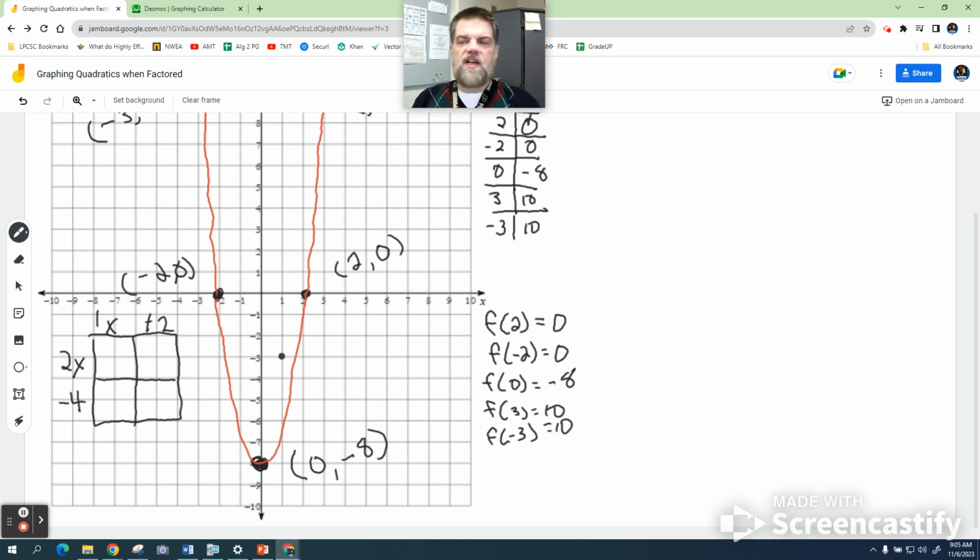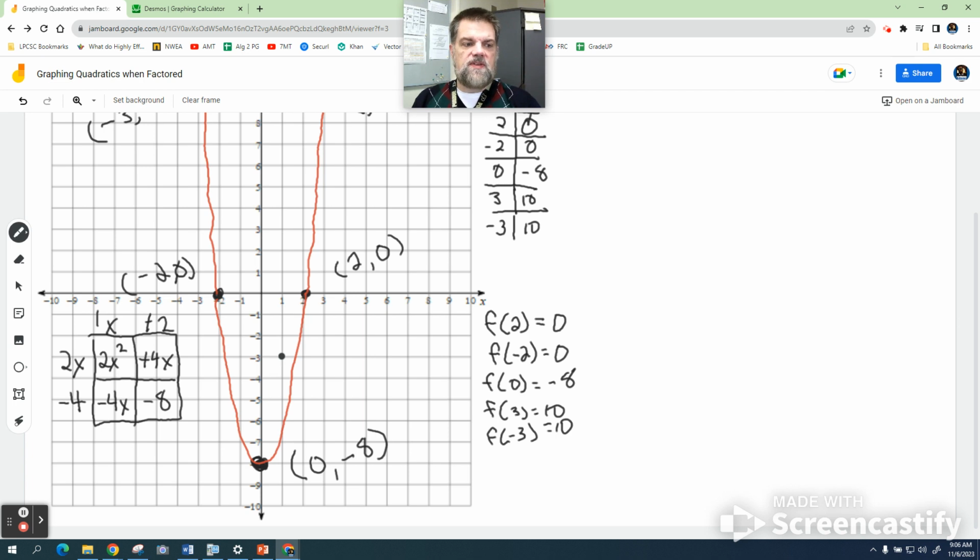So what's 1x times 2x? 2x squared, because x times x is x squared. Now what's 2 times 2x? 4x, but positive 4x. I like to write that plus sign in there because then I remember to add it or subtract it, right? Now what's 1x times negative 4? Negative 4x. And what's positive 2 times negative 4? Negative 8. Okay? All right, cool.